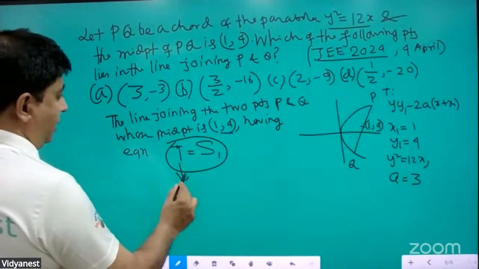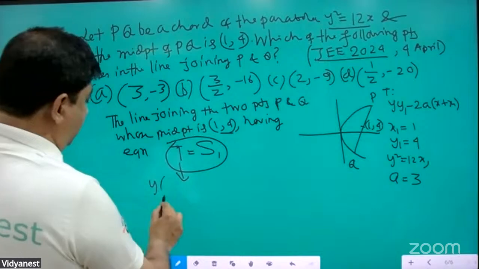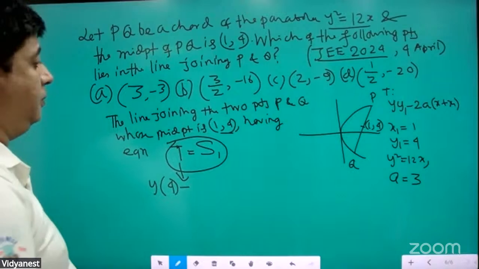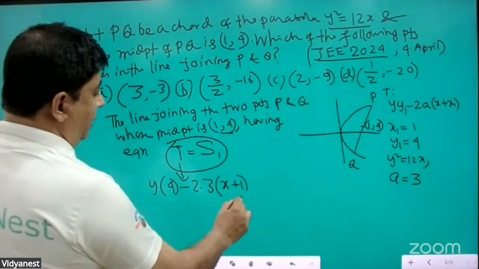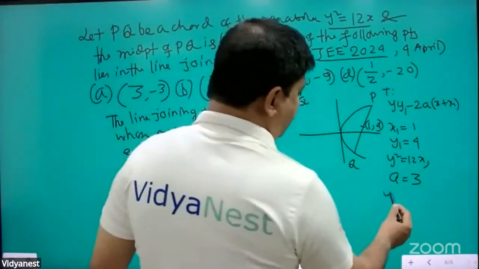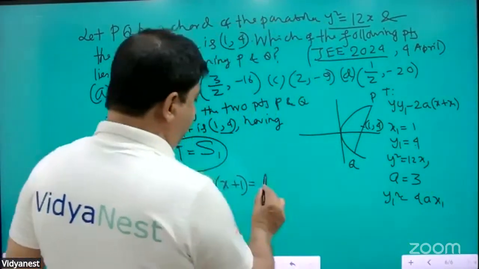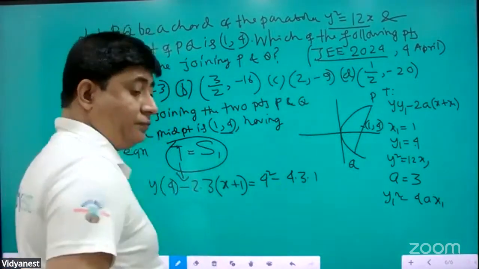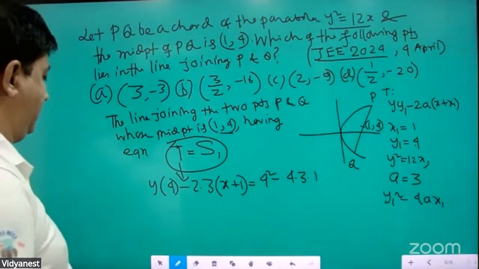So instead of T, what can I write? y times y1, which is 4, minus 2 times 3 times x plus 1, is equal to S1. S1 means y1 square minus 4ax1. y1 means 4 square, and x1 is 1. So we have followed the rule and directly plotted.